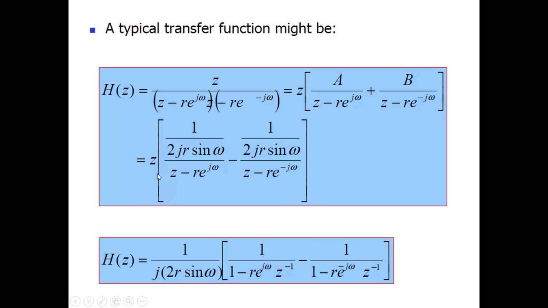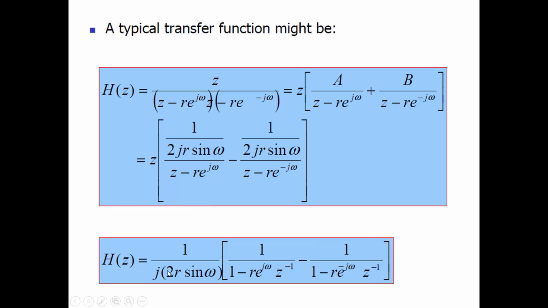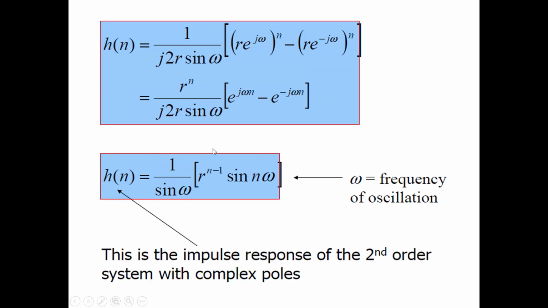If you take z common from here also, that z will be cancelled out with this z. So you will be left with this expression after a little bit of manipulation. Then you can recover the discrete sequence back, because this is 1 over 1 minus alpha z to the power minus 1. So we can say that this is the expression of h[n].